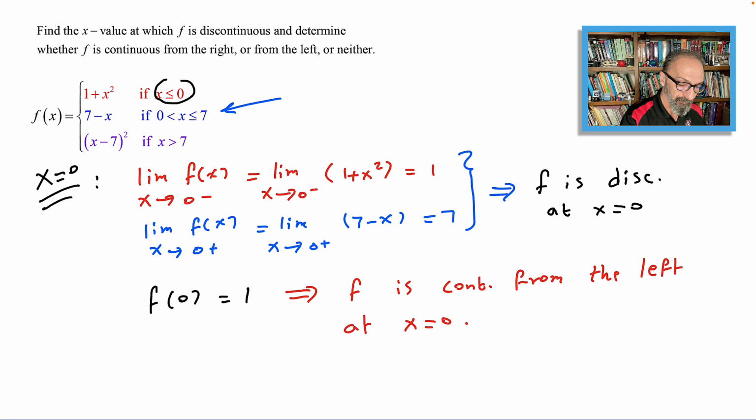That will give me a continuity from the left. Okay, so it's continuous at 0 from the left.